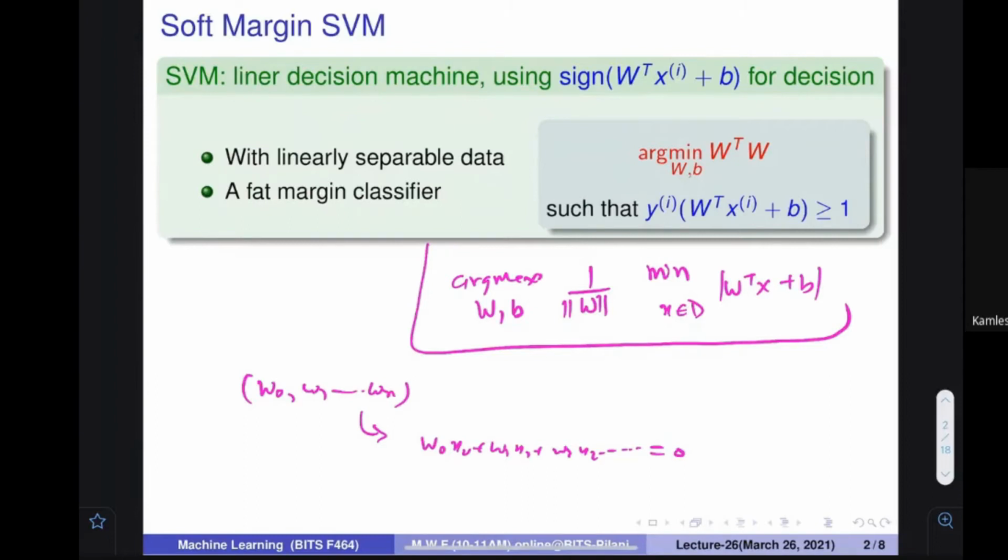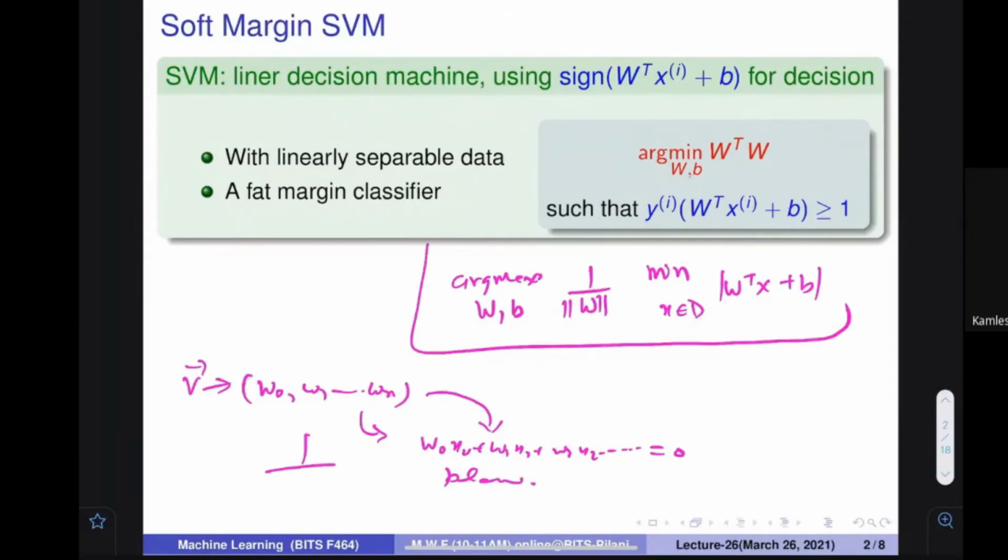Consider these two things. Consider any vector, and with respect to that vector, I am going to make this particular plane. So, what is the relationship between the vector and this plane? The answer is that this vector is actually perpendicular to the plane.